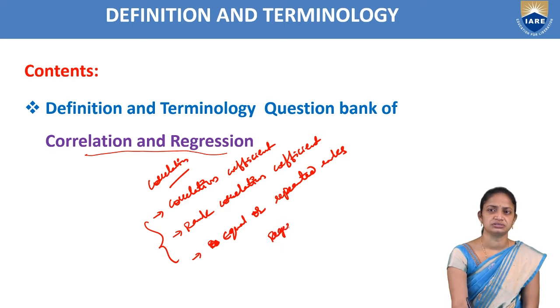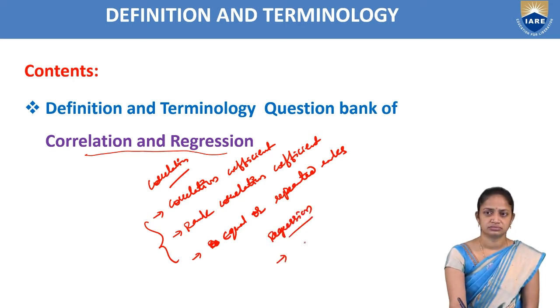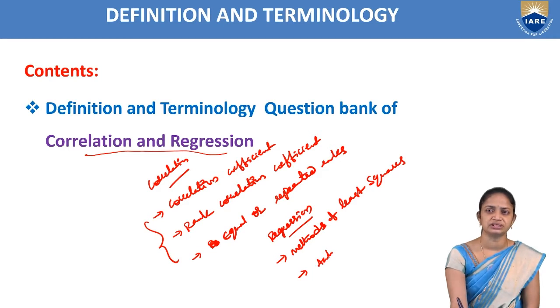on regression. In regression we have the method of least squares. Two methods are there: regression lines by the method of least squares, and one more method based on actual means, expected actual means.